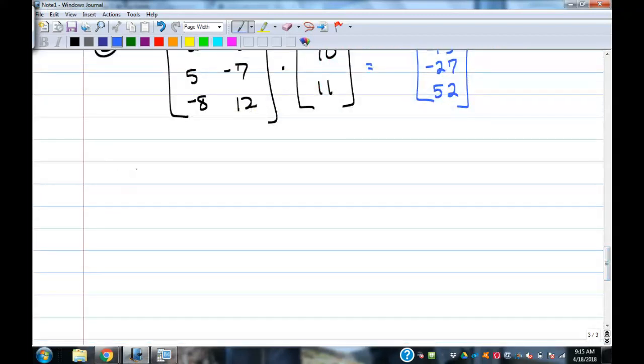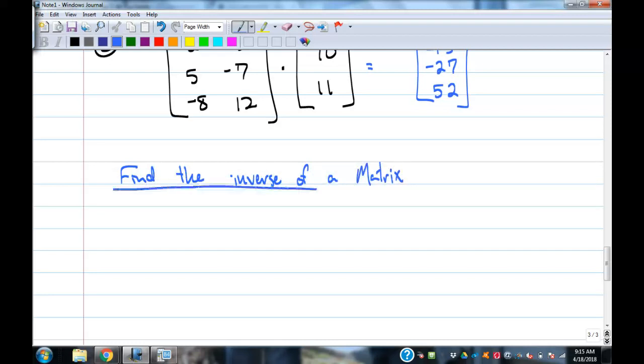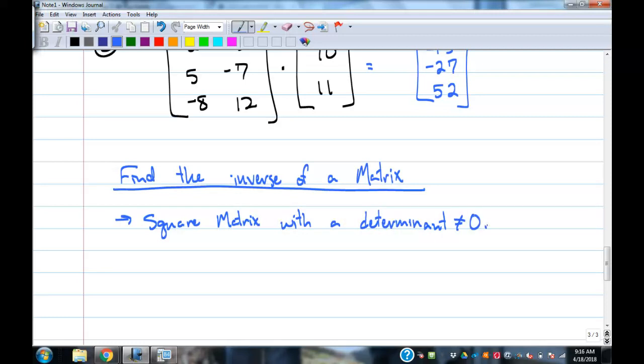Let's look at the inverse of a matrix. To find the inverse, you have to have a square matrix with a determinant that does not equal 0.